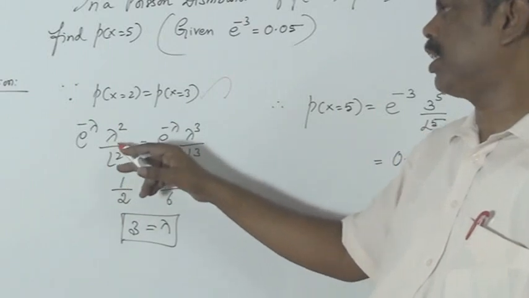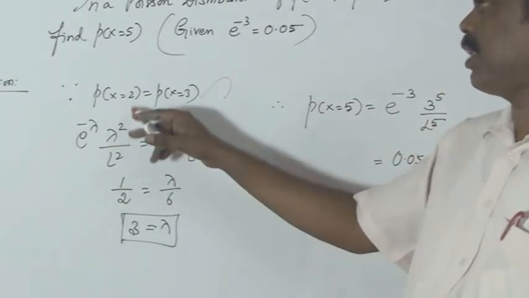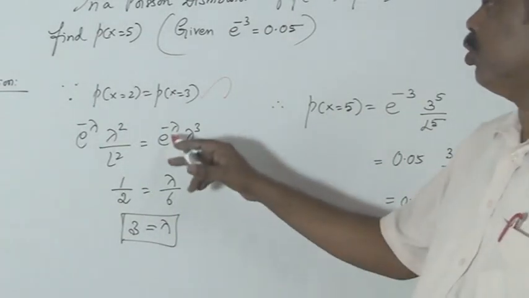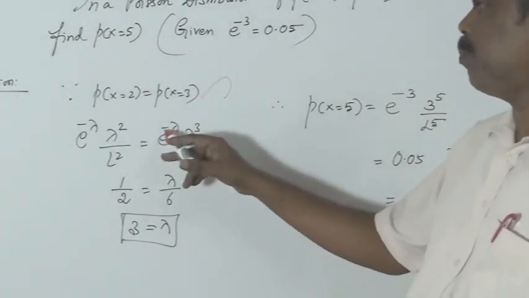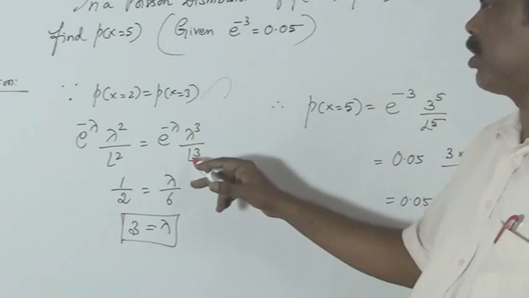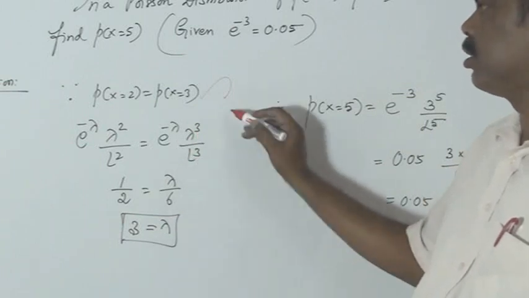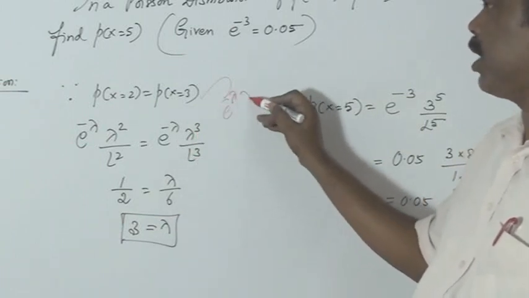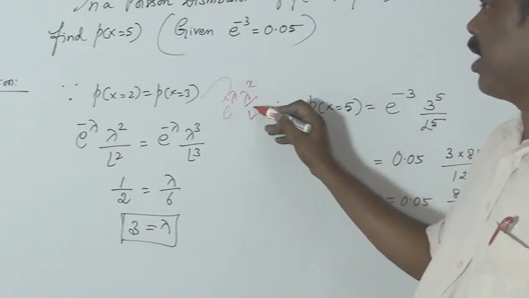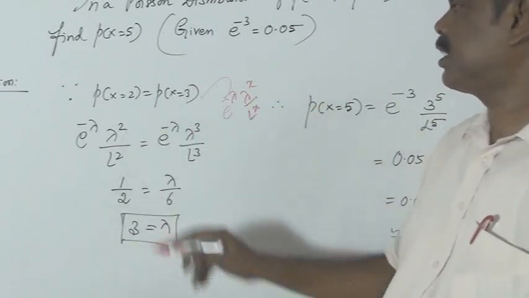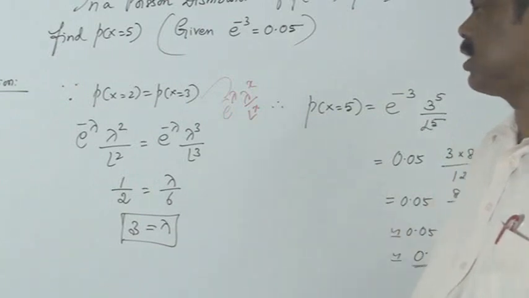Here lambda is not known to us, but x value is 2. Here x is equal to 3, e power minus lambda, lambda power 3 by factorial 3. The formula is e power minus lambda, lambda power x by factorial x. In this case x is 2, in this case x is 3.